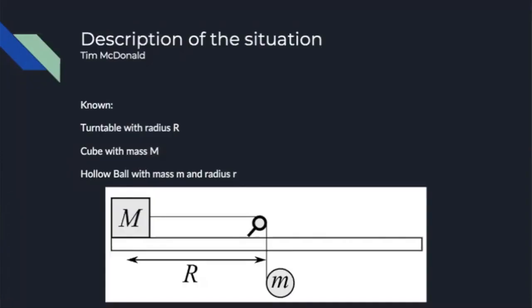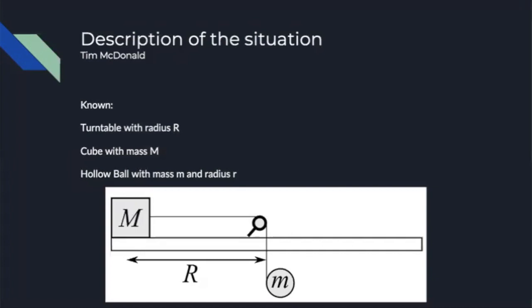Okay, for my section of the project, I will be going over our description of the situation. We are given a problem where we have a turntable with radius of capital R that is rotating. On this turntable, we have a cube with given mass of capital M, and then we are given a hollow ball with mass of lowercase m and radius of lowercase r.